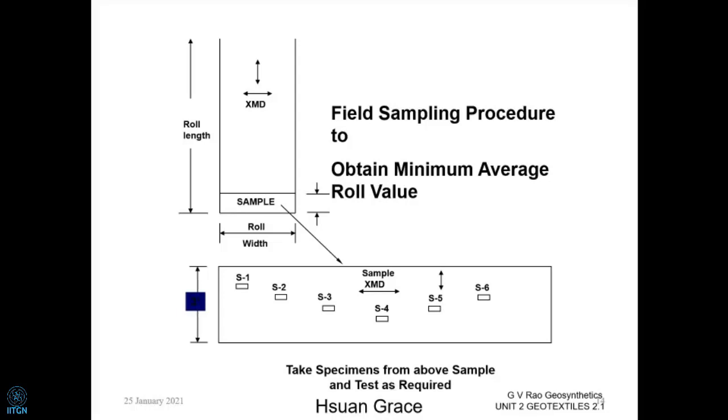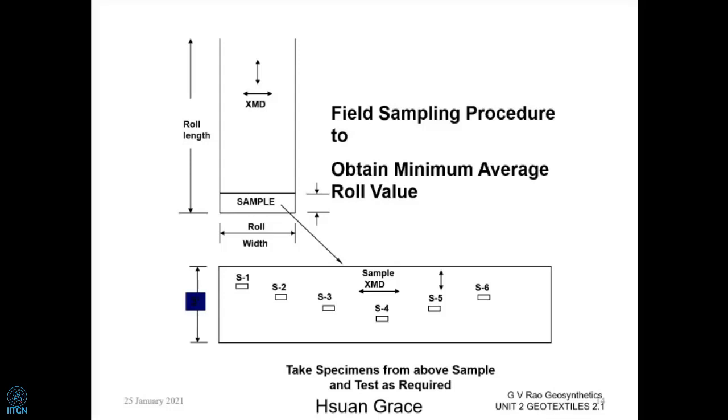And also we ensure that the edge is simply not taken into consideration, it's simply cut off. And this longitudinal edge is called selvage. If you just go to any shop, you'll find, particularly for suitings, the edges look different. The edges are made based upon the way in which the weaving process goes.